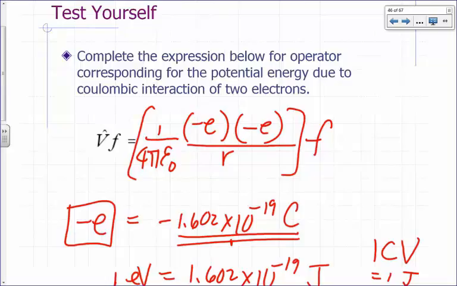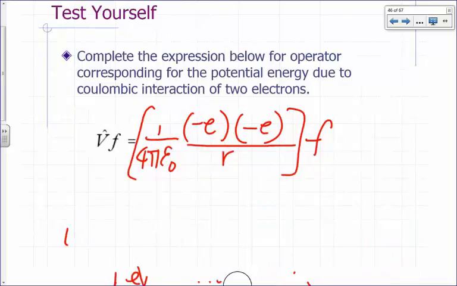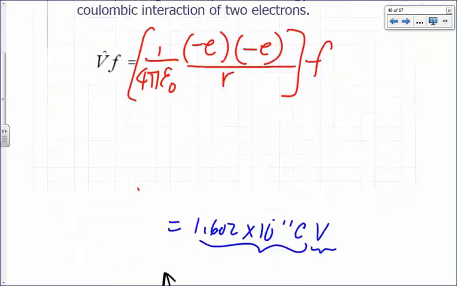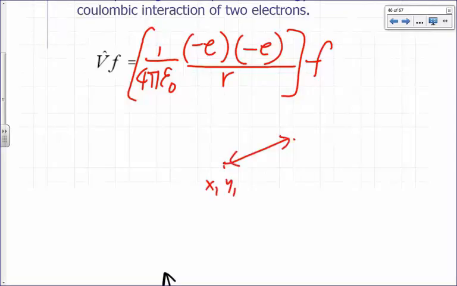What's the expression for r in terms of x, y, and z? Normally you would use r, theta, and phi, which would probably be a better expression. But if you want to use x, y, and z, what would r be? 2 points in space, what's the distance between them if you know x1, y1, z1?